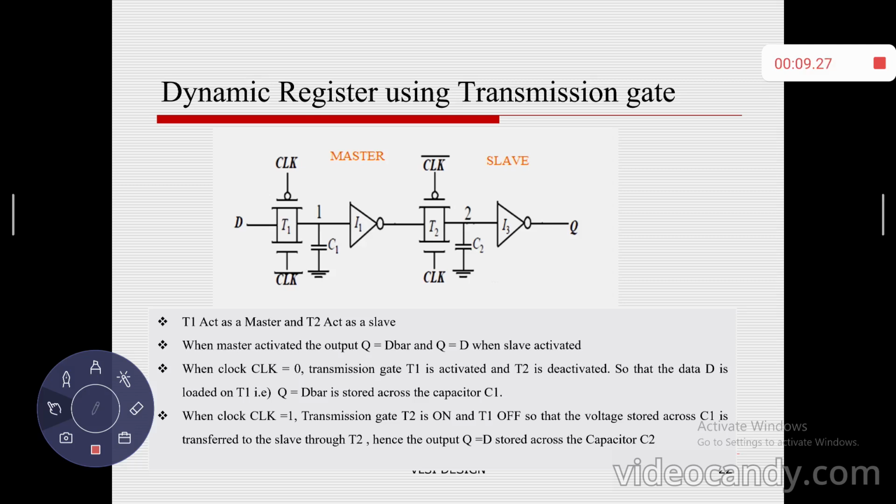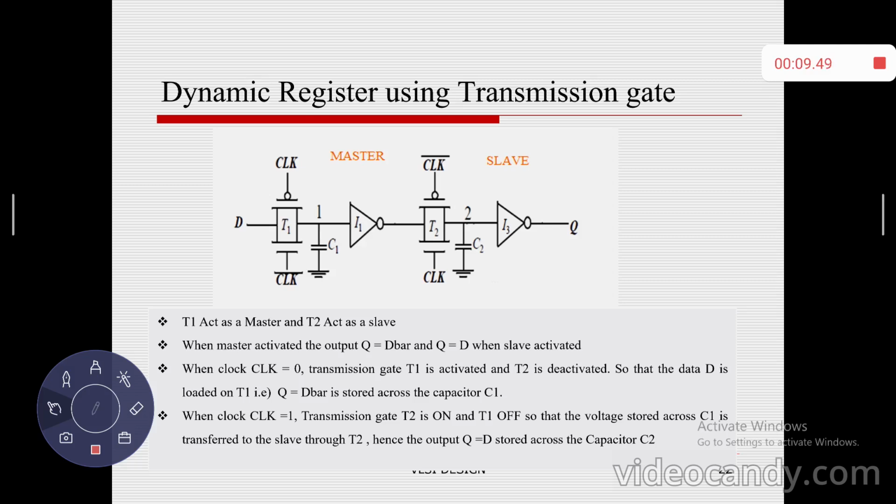Okay. So this is a simple design of a master-slave register using transmission gate logic. It comprises transistors T1 and T2. The memory device C1 is for master loading, and the memory device C2 is for slave operation.